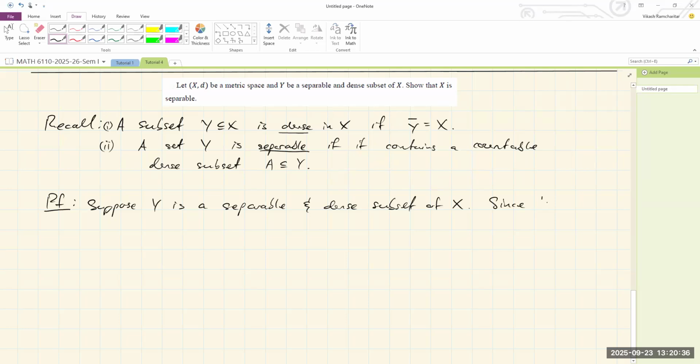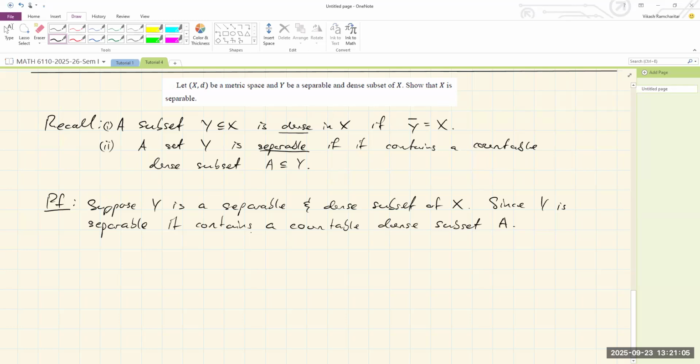So since Y is separable, it contains a countable dense subset. Let's call this guy A. Okay.